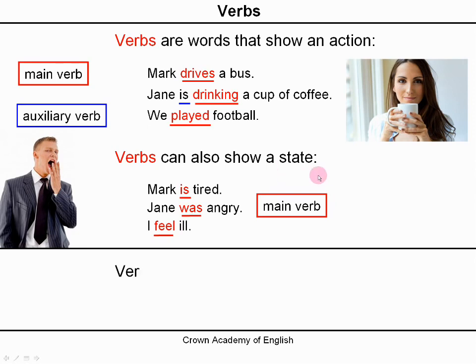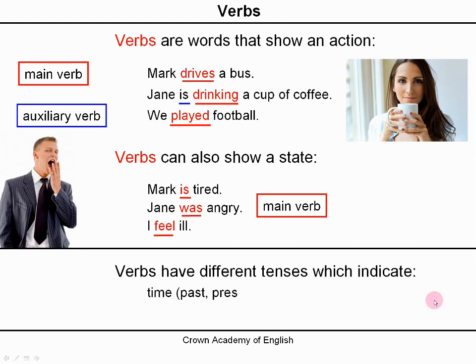Okay? Verbs have different tenses, which indicate time, either past, present, or future, or aspect, whether the action is completed or continuous. Okay? So verbs are very, very important.